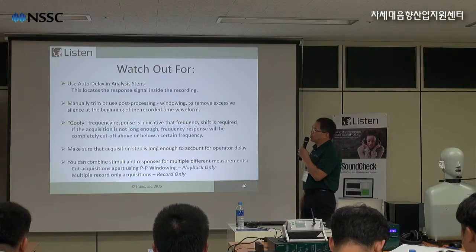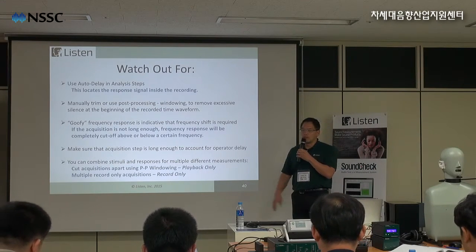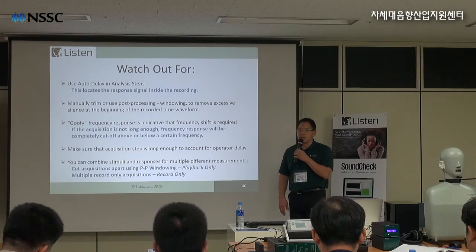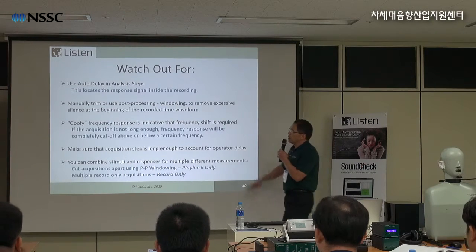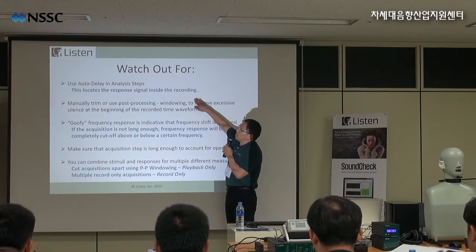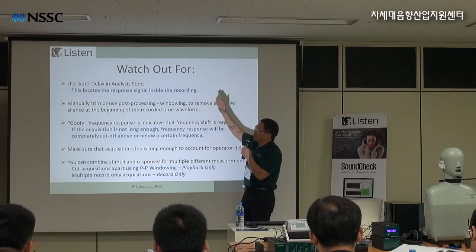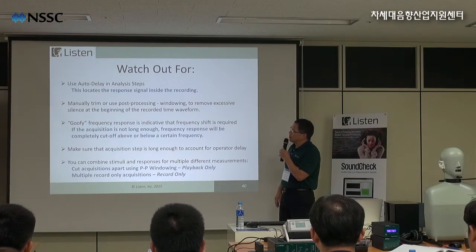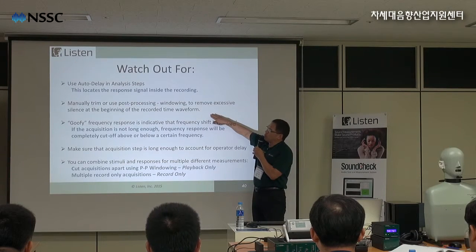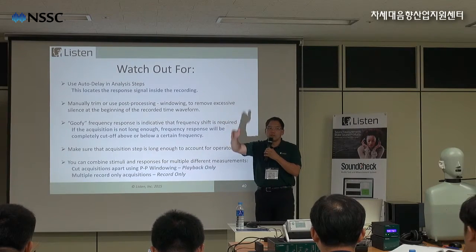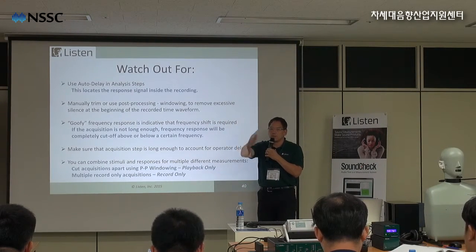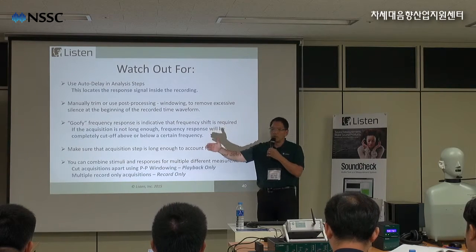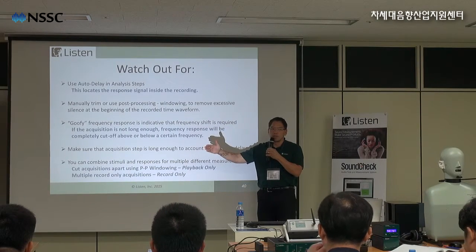So some other things to watch out for, to be careful of, besides resampling and frequency shift. Use auto delay to line up the timing of the responses. You can manually trim, like we did, cut off the part that we don't want. Make sure they're within a certain 2.5 seconds of each other.